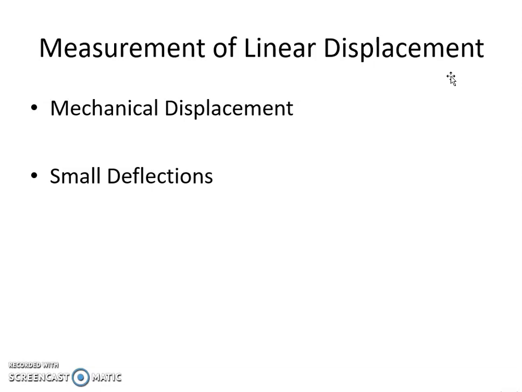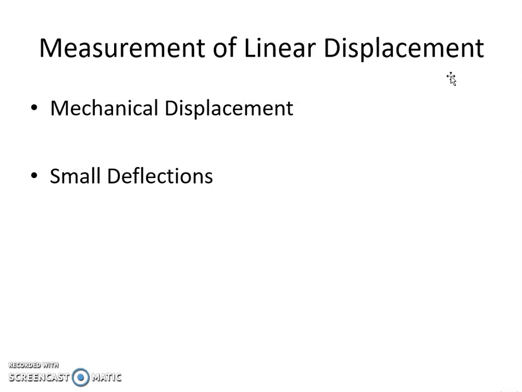That change in resistance is measured, and it gives the value of the linear displacement. Therefore, the mechanical displacement is converted into an electrical variable, which is measured to give the value of linear mechanical displacement.